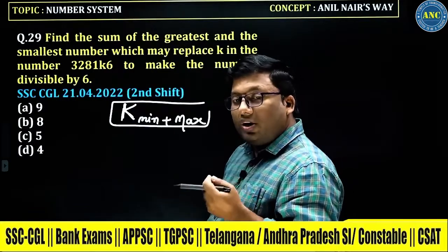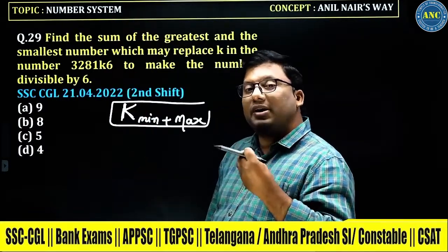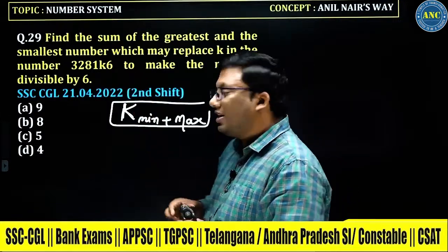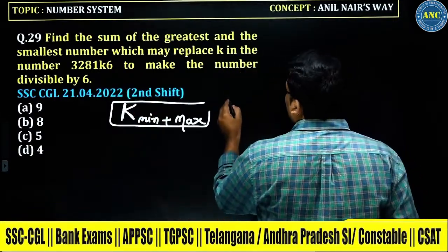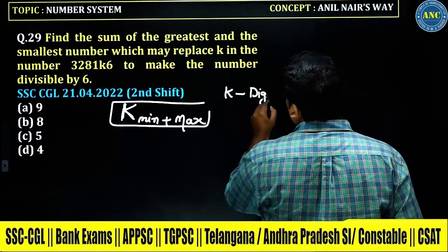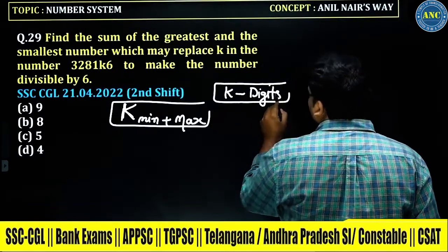There will be a lowest value of K that makes this number divisible by 6, and a largest value, because K is a digit here. Definitely we might get a lowest and highest.